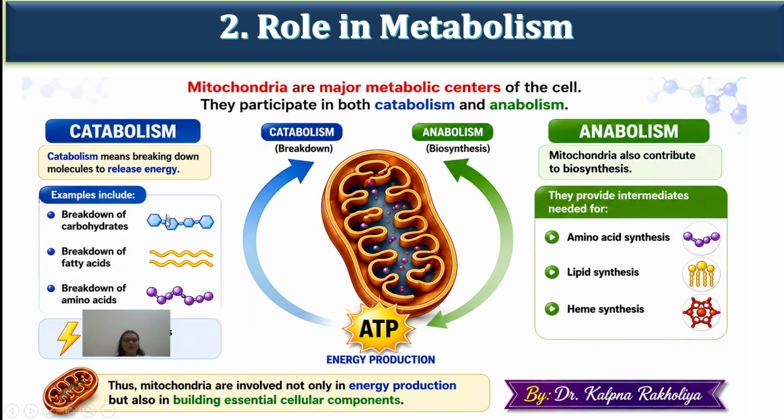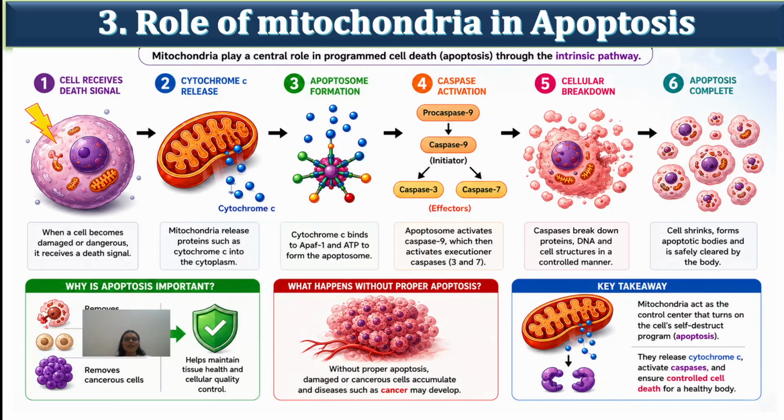It is involved in the breakdown of carbohydrates, fatty acids, and amino acids, and ultimately generates ATP, right? And in anabolism, mitochondria provide the intermediates needed for amino acid and lipid synthesis. Thus mitochondria play a very important role not just in energy production but also in the synthesis of essential cellular components, right?